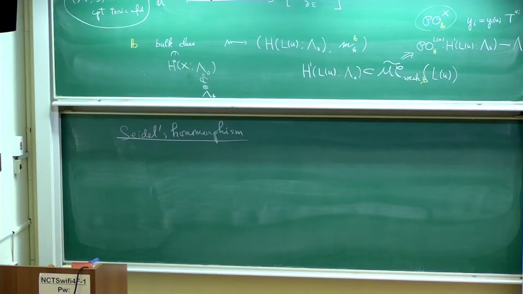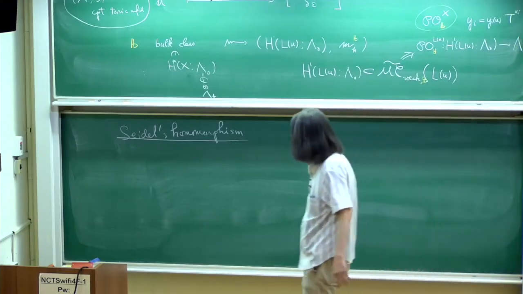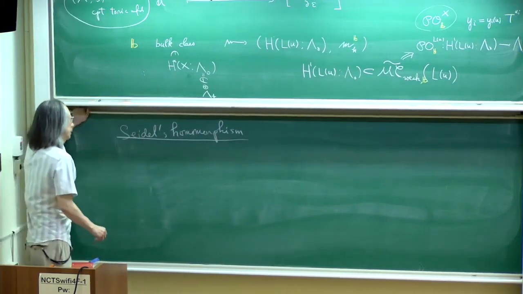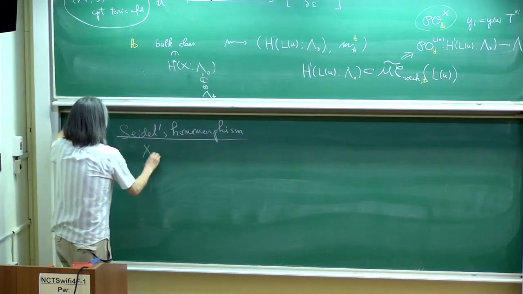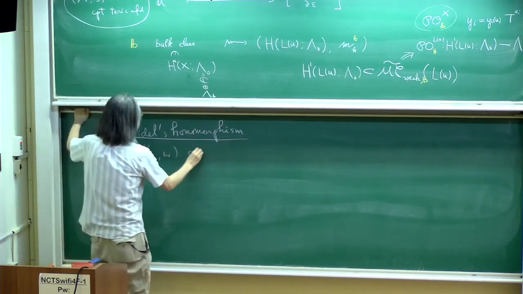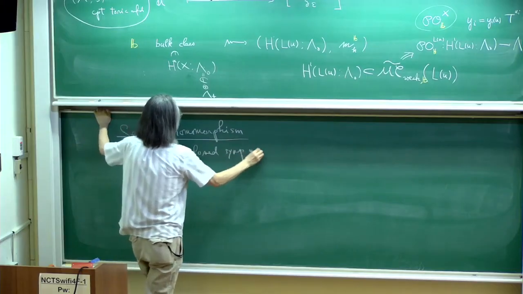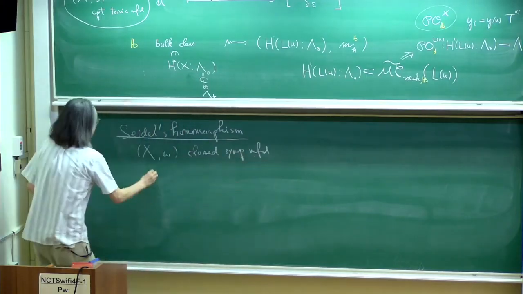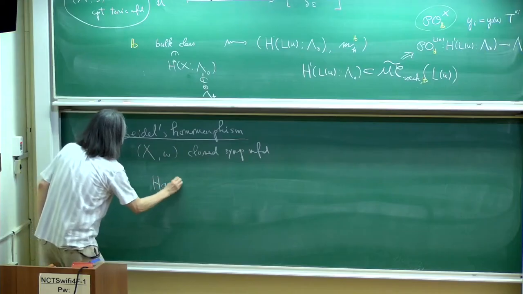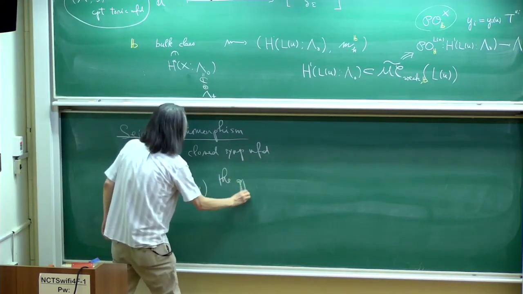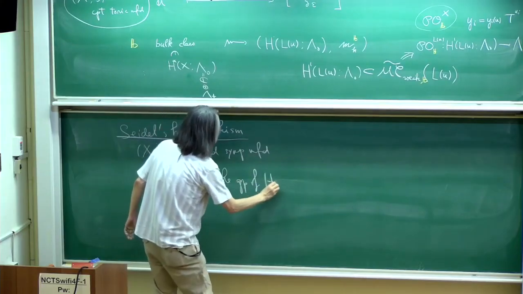Certainly we can also use the Floer version of the Seidel homomorphism, but anyway, I don't really use it. Okay, so what is this? Let (X, ω) be a closed symplectic manifold, and denote by Ham(X, ω) the group of Hamiltonian diffeomorphisms.